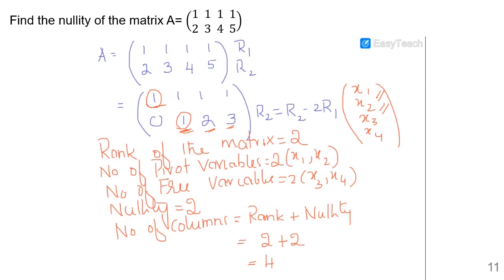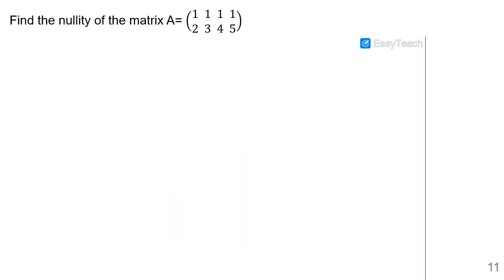Now, let me multiply this matrix with the variables x1, x2, x3, x4 and try to get the equations. The equations are x1 plus x2 plus x3 plus x4 is equal to 0. It is x2 plus 2x3 plus 3x4 is equal to 0.